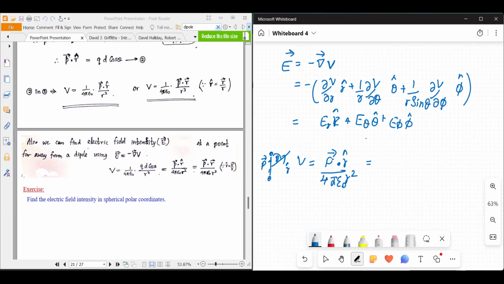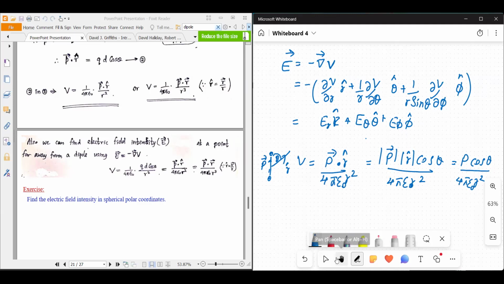So we can write P dot R is equal to magnitude of P, and here unit vector R hat cos theta, angle between these two vectors, over 4 pi epsilon naught R square. So this is equal to P cos theta over 4 pi epsilon naught R square. Now the potential, if we look into this equation, we cannot see any dependence of psi, but we have a dependence of theta and R.